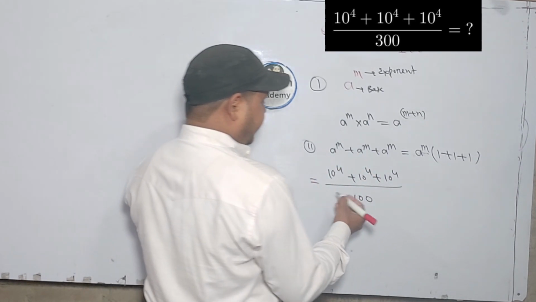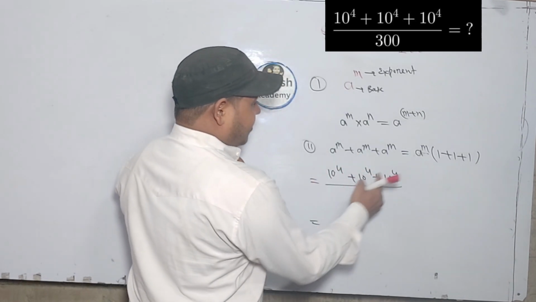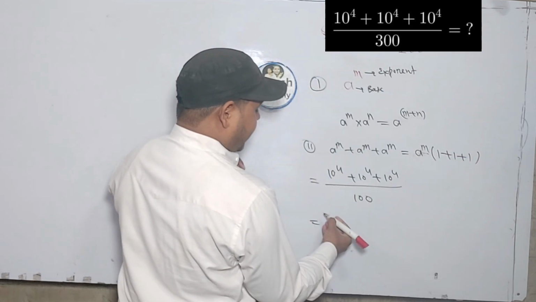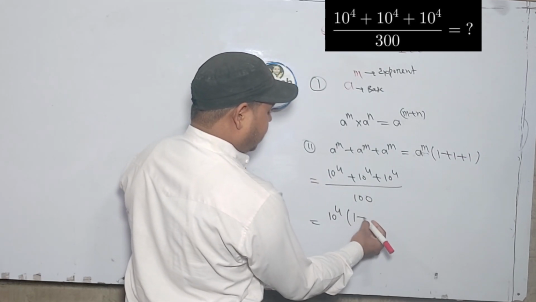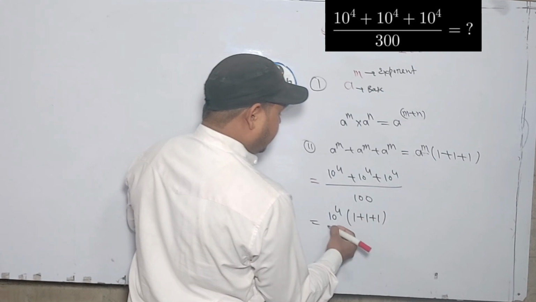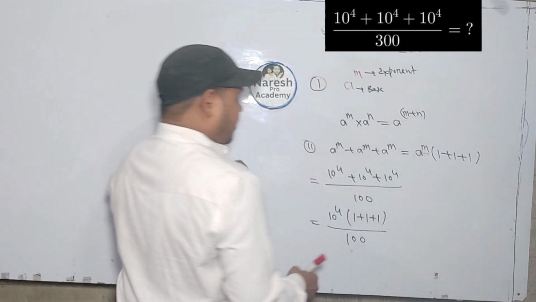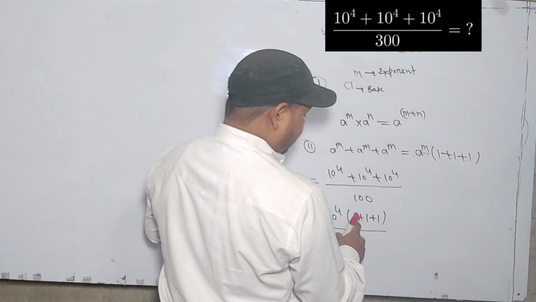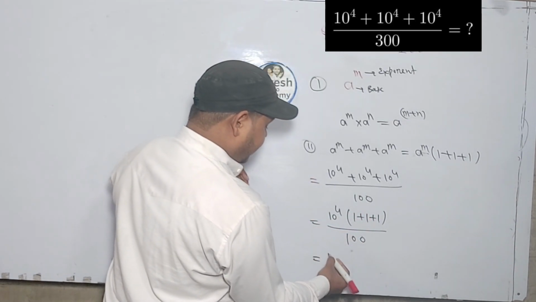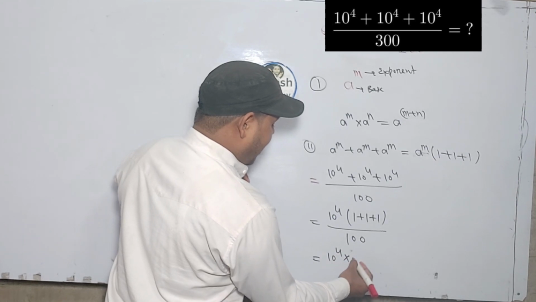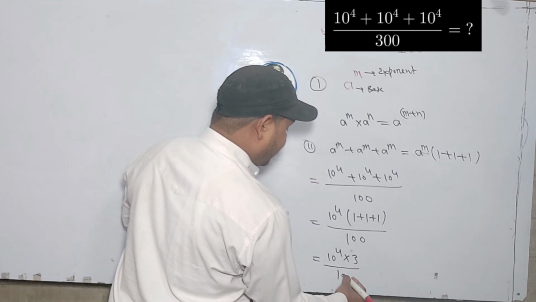That means we rewrite into a common form according to this law, which means 10 to the power 4 into 1 plus 1 plus 1, divided by 100. Now here we see 1 plus 1 plus 1 equals 3. That means we get 10 to the power 4 multiplied by 3 divided by 100.